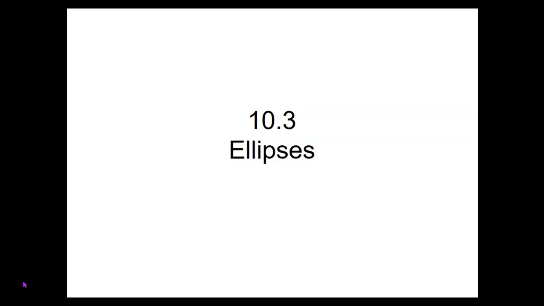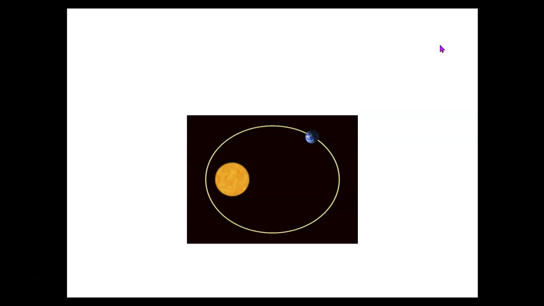Hello, hello. Last time we looked at parabolas, and now we're going to look at another kind of conic, ellipses. One reason ellipses are important, one place they occur in nature, is orbits of planets around the sun, moons around a planet, things like that typically have the shape of an ellipse.